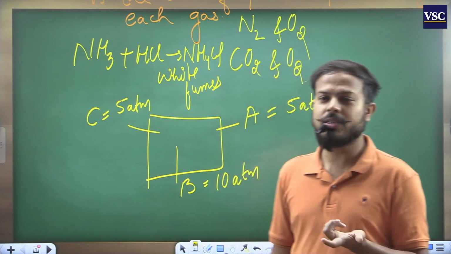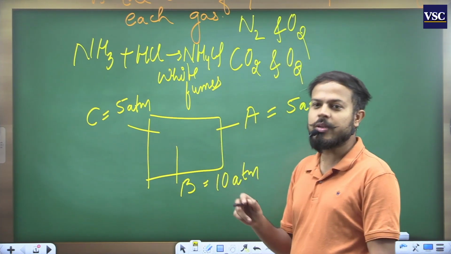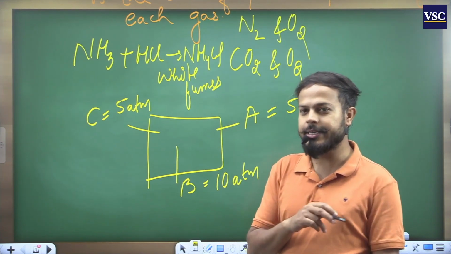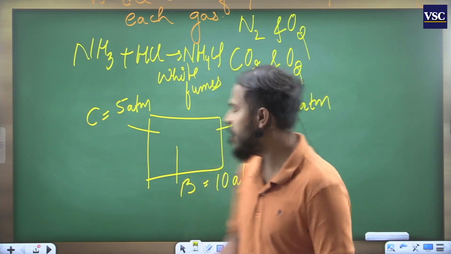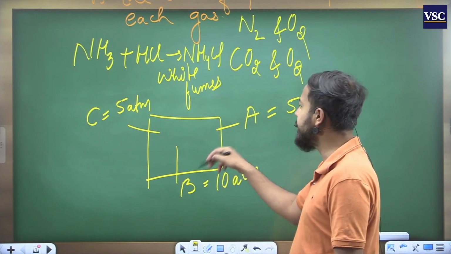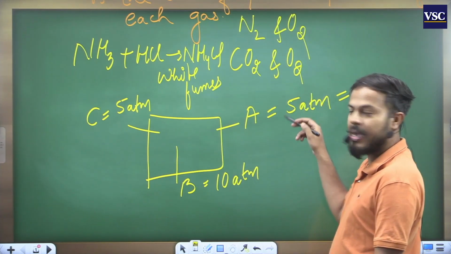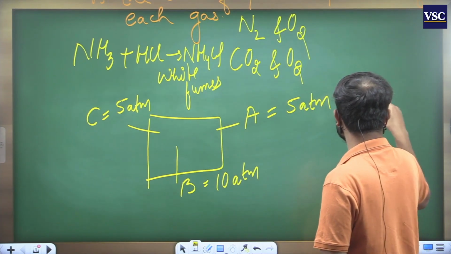What is this term partial pressure? The pressure exerted by the individual gas inside the container is known as the partial pressure. For example, gas A is applying 5 atm pressure inside this container, so the partial pressure of A will be 5 atm. I would denote it with PA.